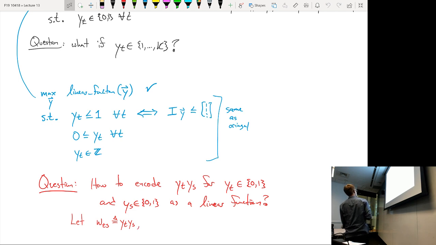And now we need linear constraints on yts such that it only has value 1 when these both have value 1. So how could we pull that off? Okay, so the first one is yts needs to be 0, 1 valued. What's the next one?